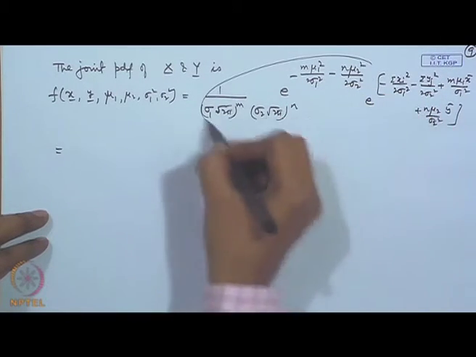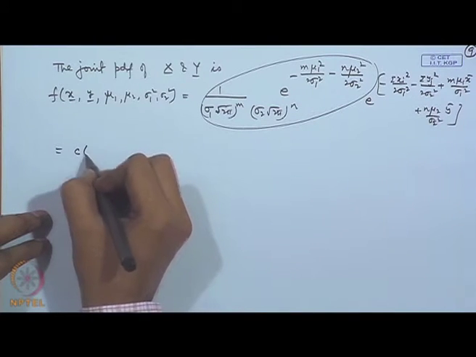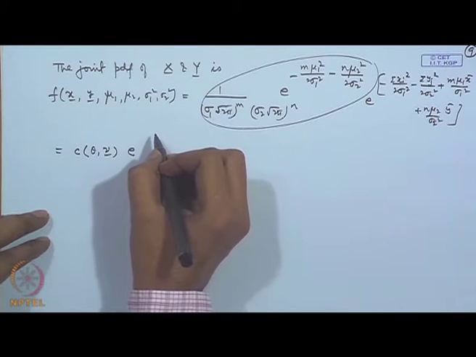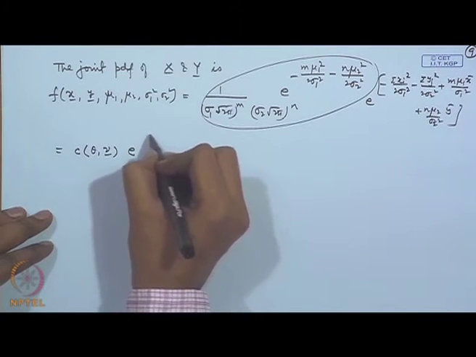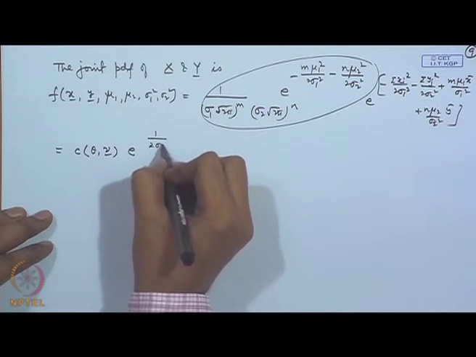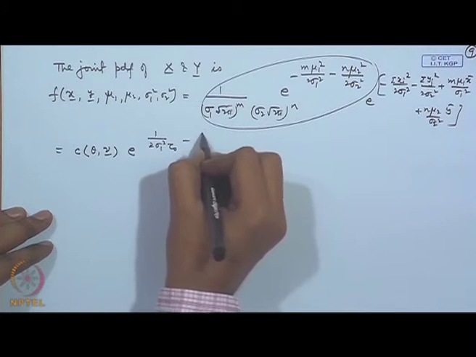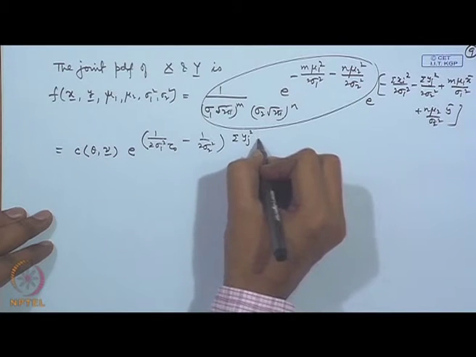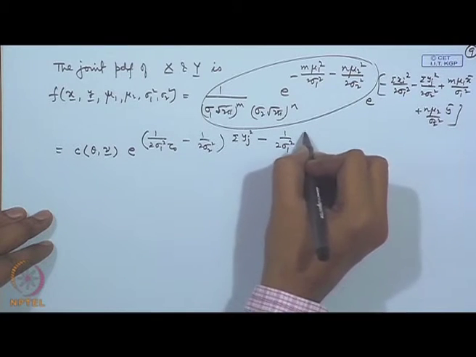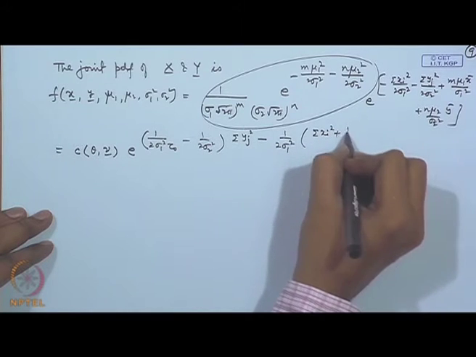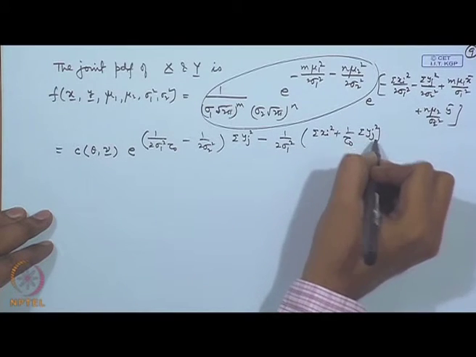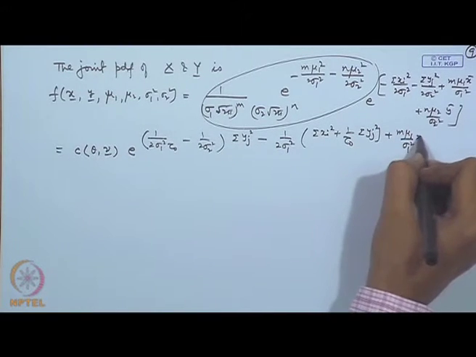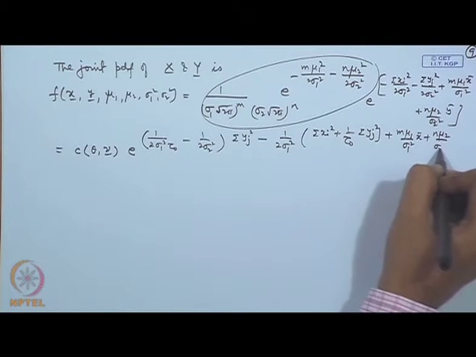So, these coefficients I put as C of theta nu, and this I write as e to the power 1 by 2 sigma 1 square tau naught minus 1 by 2 sigma 2 square into sigma y j square minus 1 by 2 sigma 1 square sigma x i square plus 1 by tau naught sigma y j square plus m mu 1 by sigma 1 square x bar plus n mu 2 by sigma 2 square y bar.